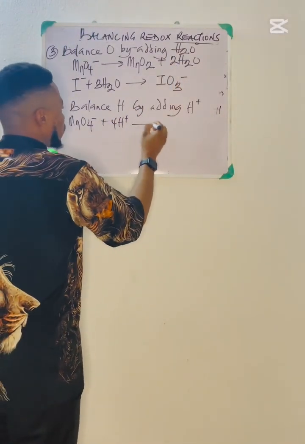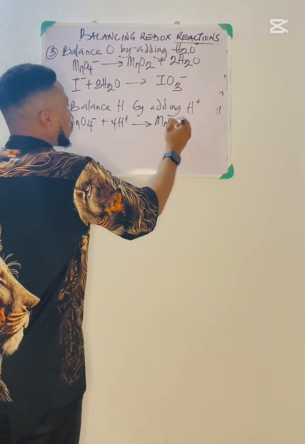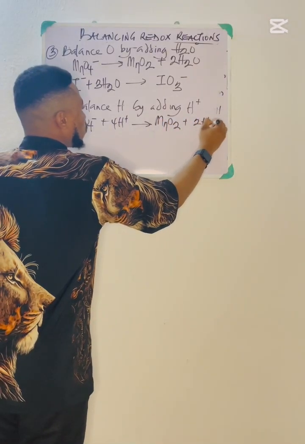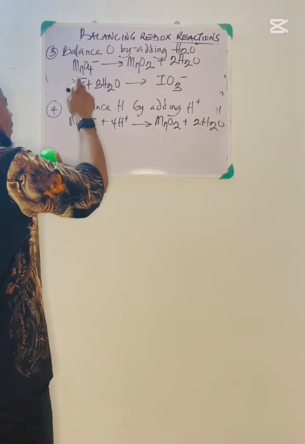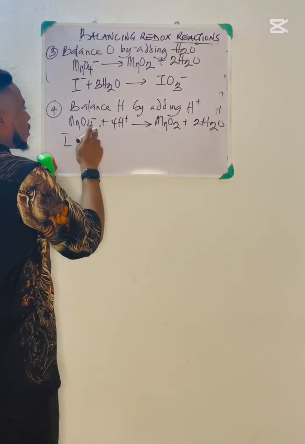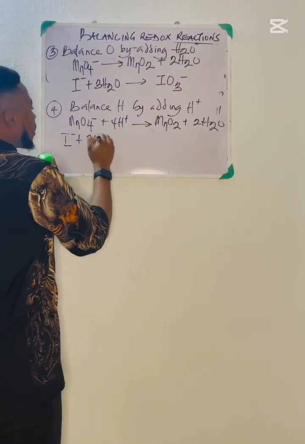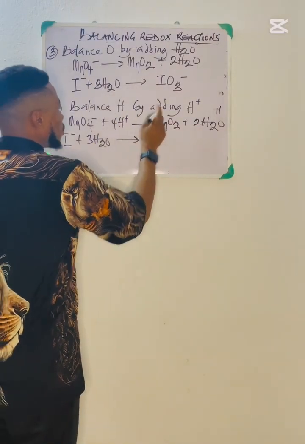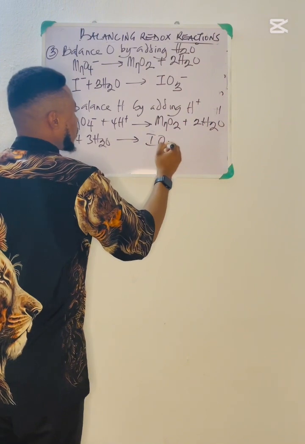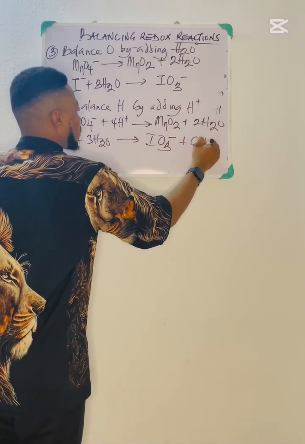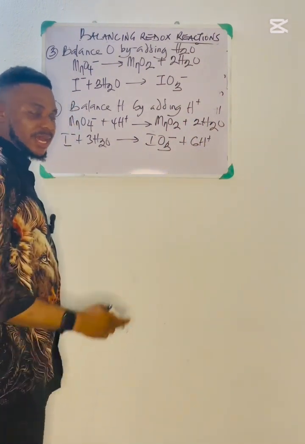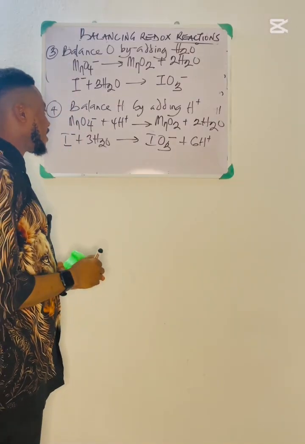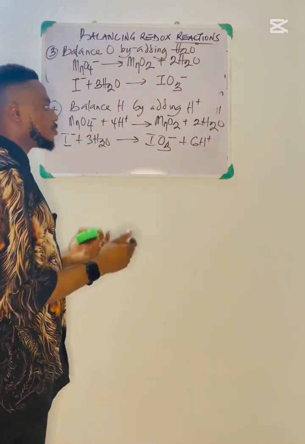So this is MnO2 plus 2H2O. Then as for here, this will be I minus plus 3H2O. Hydrogen is 6 here, so we need to add 6H plus here, IO3 minus plus 6H plus. As you can see, we have balanced hydrogen on both sides. We have also balanced oxygen.